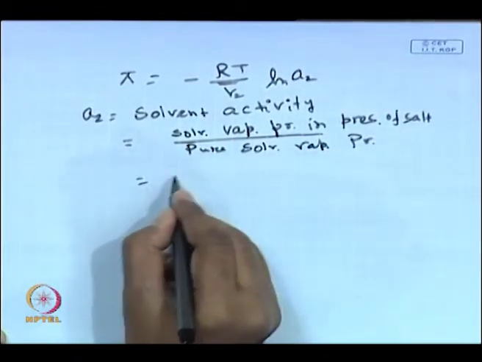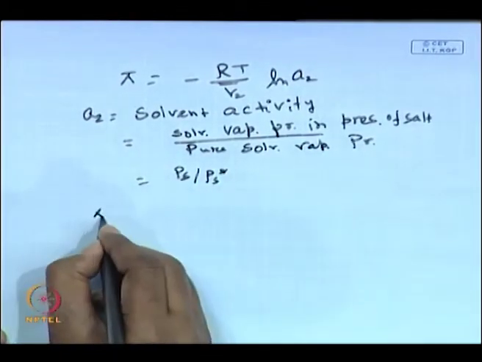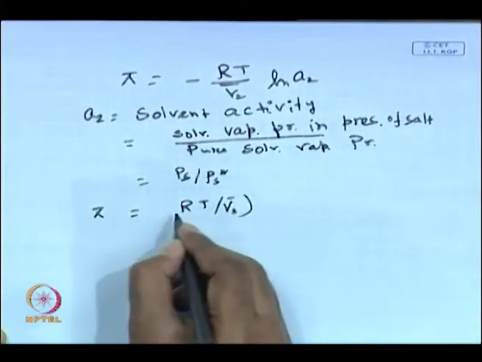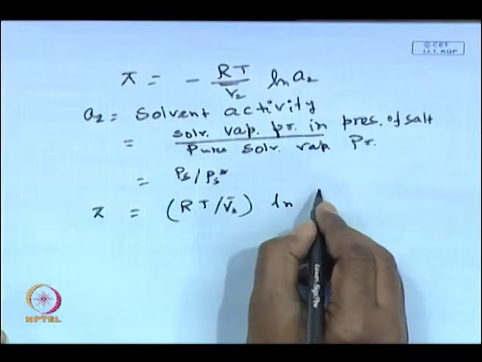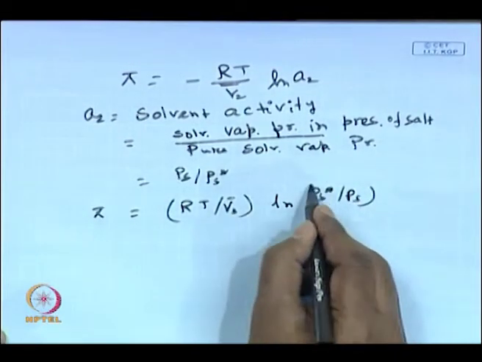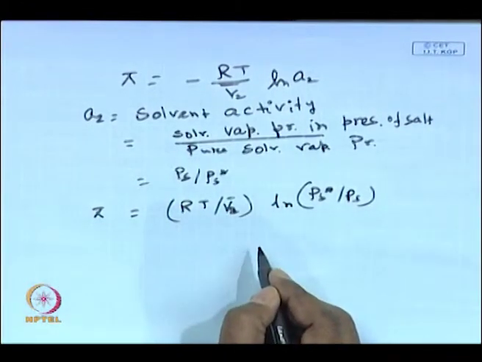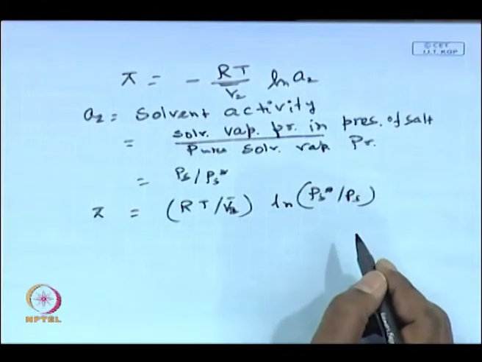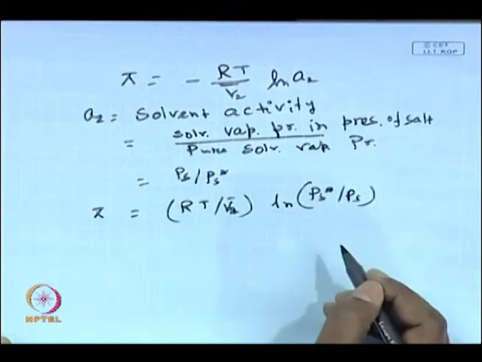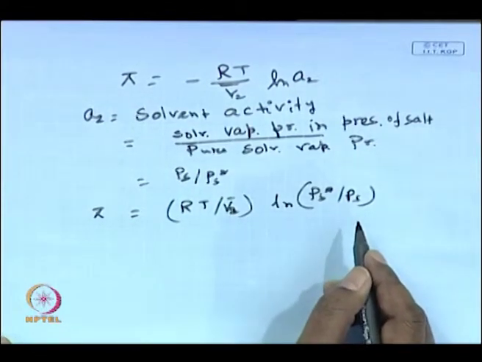So, you will have Ps divided by Ps star, and pi becomes RT by V2 bar ln Ps star by Ps. Now, it is not always desirable, or you will not always get the data of solvent vapor pressure in presence of salt and pure solvent vapor pressure at different temperatures, and it will entirely depend on the salt concentration, and so on and so forth.